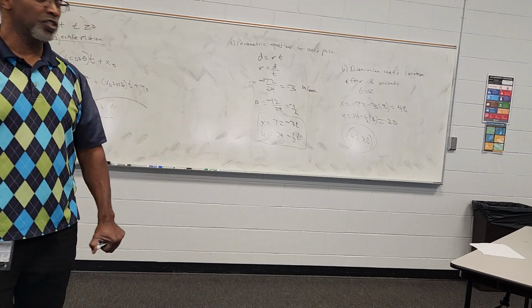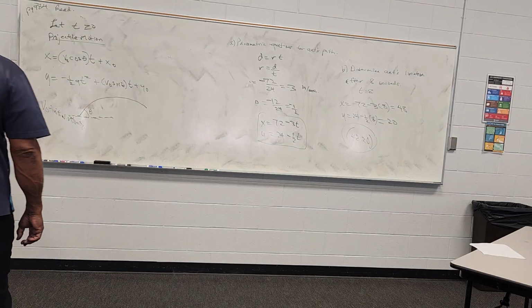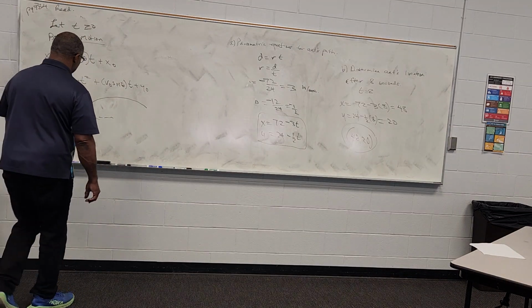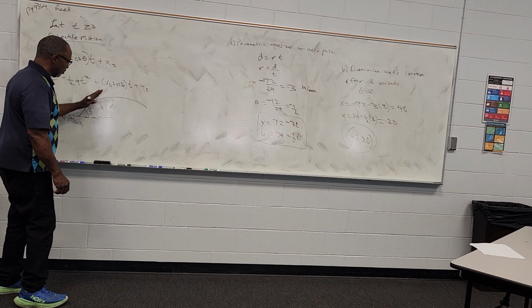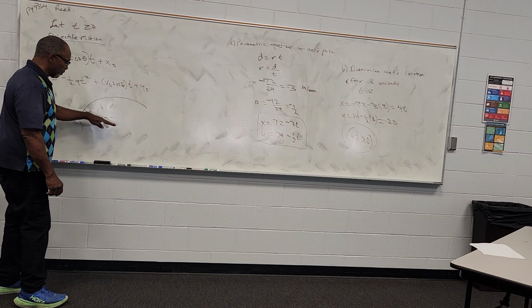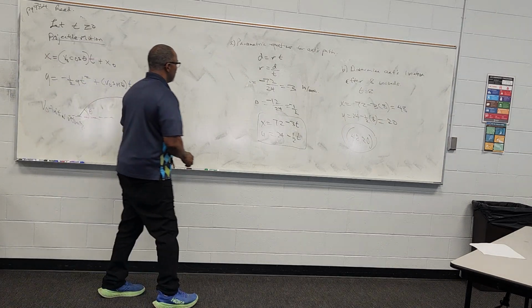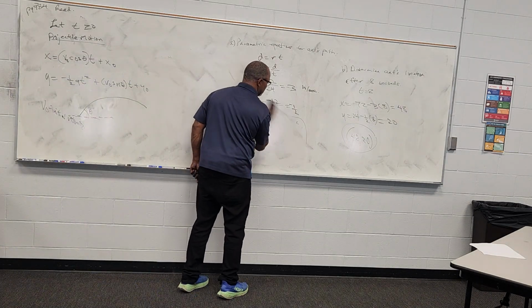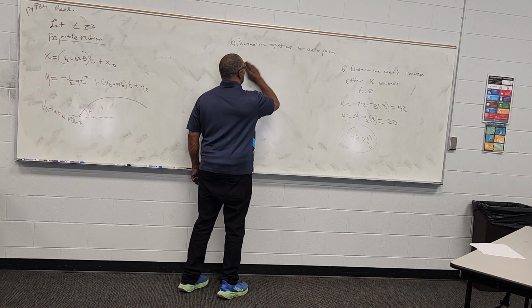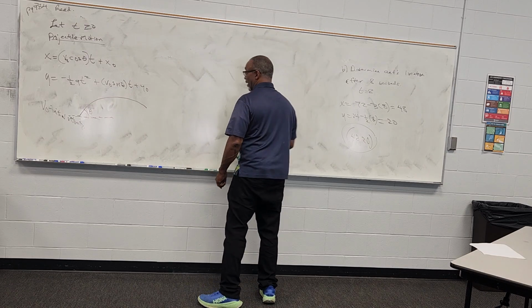Y sub 0 is still your initial vertical position. So again, theta is the angle that projectile has to be launched at with respect to the horizontal. That's theta. So there are my projectile motion parametric equations.